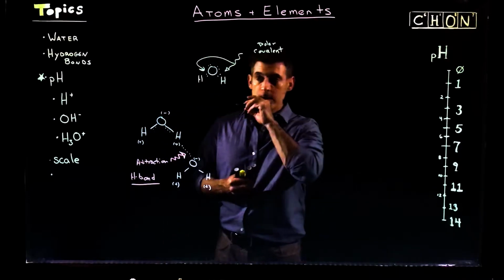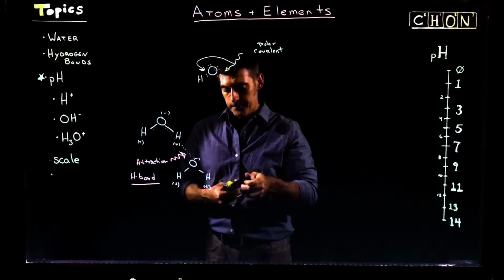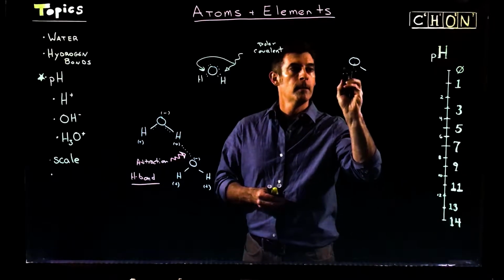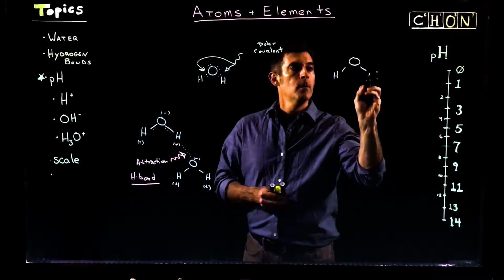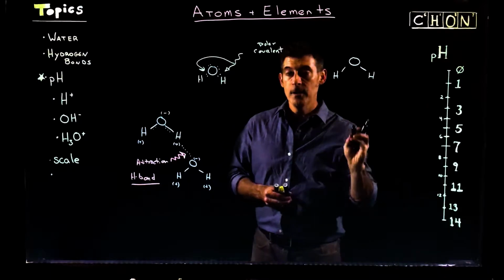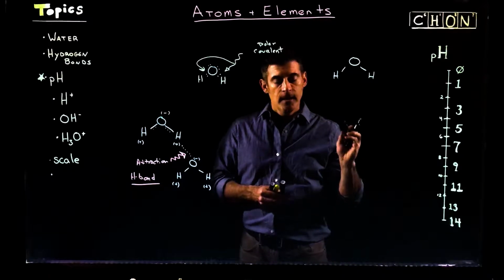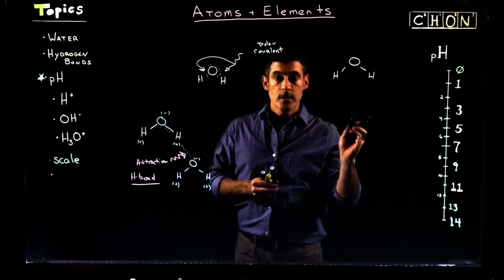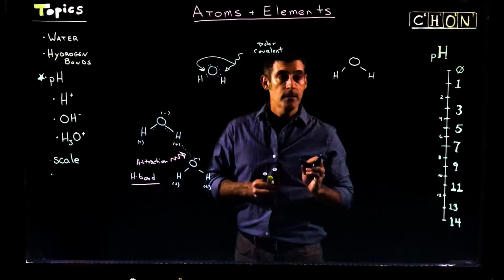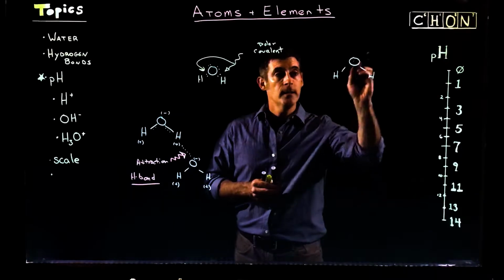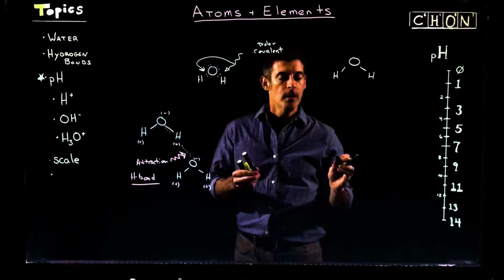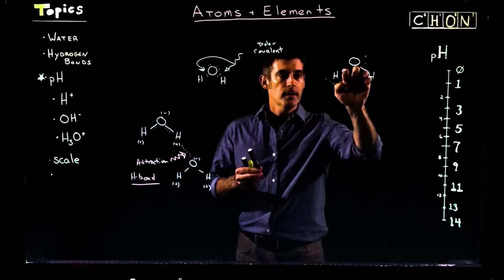And water can do something else. The water molecule, which has the oxygen and hydrogen unevenly sharing electrons, can go a step further. We once talked about ions and the formation of ions and ionic bonds, and that's when electrons are shared unequally, and the sharing is so unequal that one just steals the electron from the other.